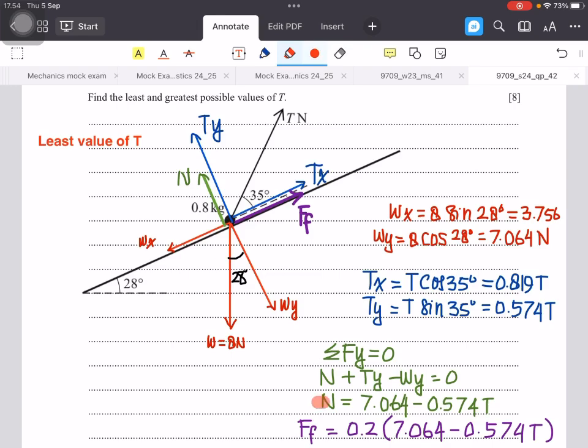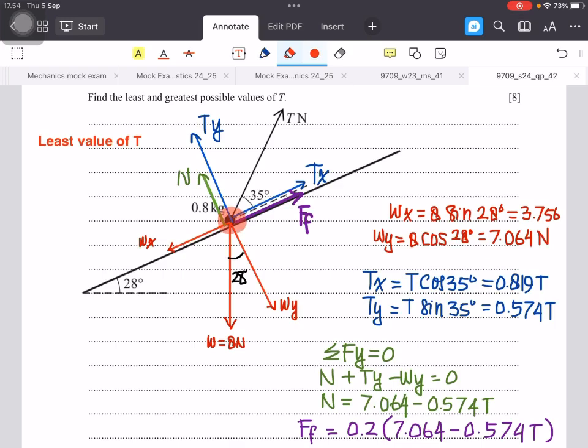So the normal contact force is equal to this one, still in terms of T, 7.064 minus 0.574 T. And then for the least value of T, it means that T is as small as possible.